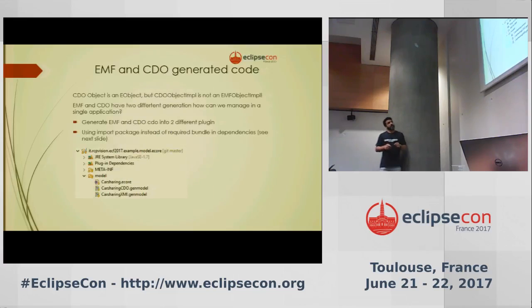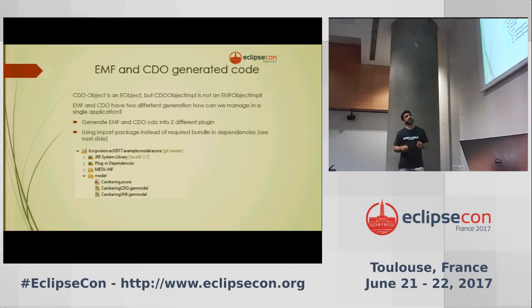But we have to implement the model for both CDO and EMF. And if you are familiar with CDO, you know that CDO is a different implementation from EMF. A CDO object is an EObject, but the implementation of a CDO object is different from the implementation of an EMF object.